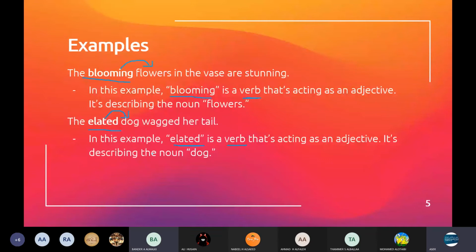Awesome. So we have an ing here as a verb in present participle, and it acts like an adjective because it modifies or identifies the noun coming after it, which is flowers. And the same thing here is the elated dog. So elated is a past participle, yet it is used as an adjective to describe the noun after it. Very good.